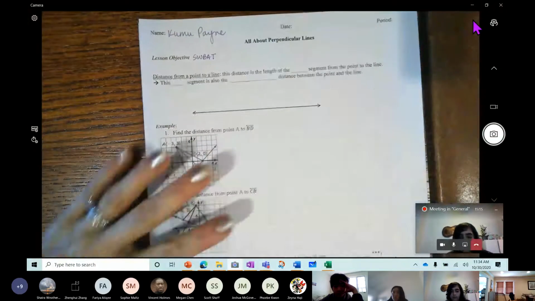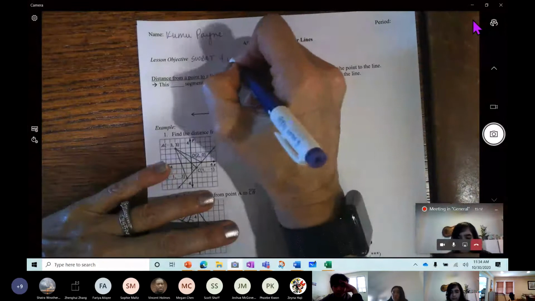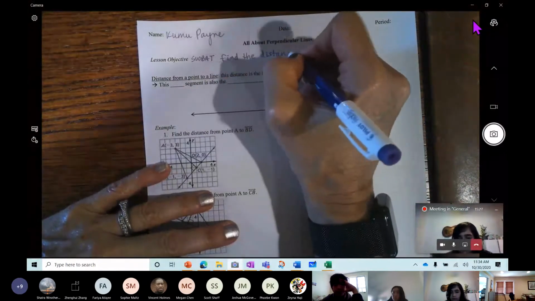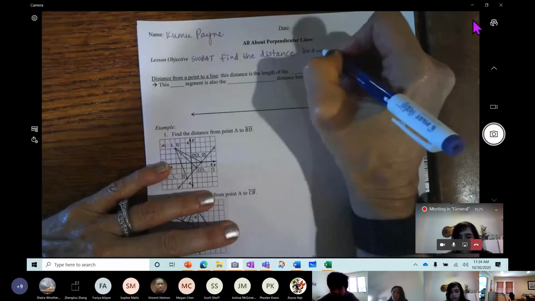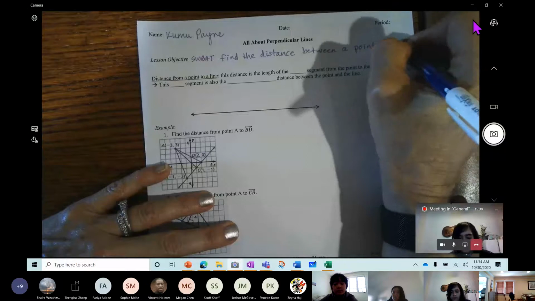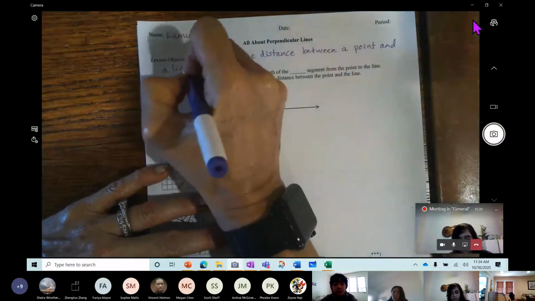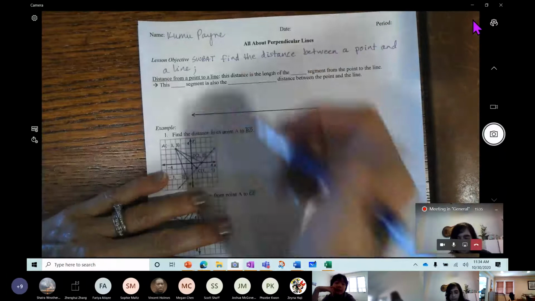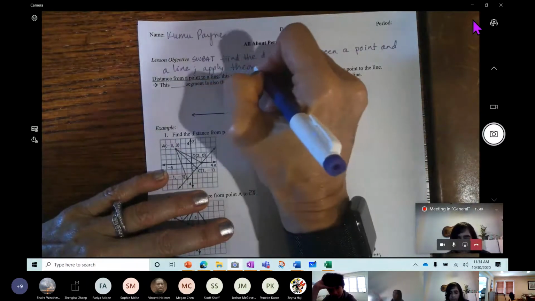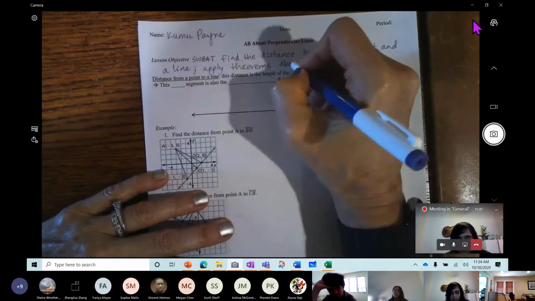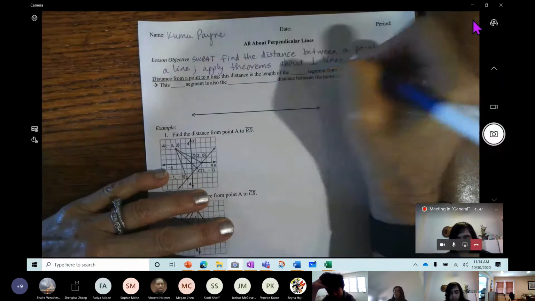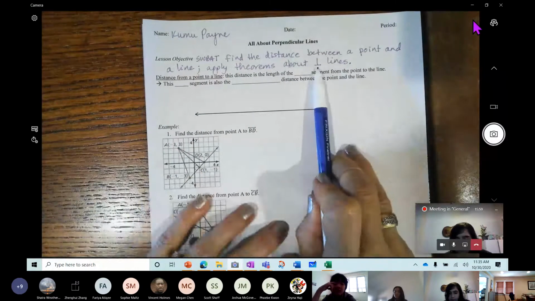All right, so students will be able to find the distance between a point and a line, and also apply theorems about perpendicular lines.